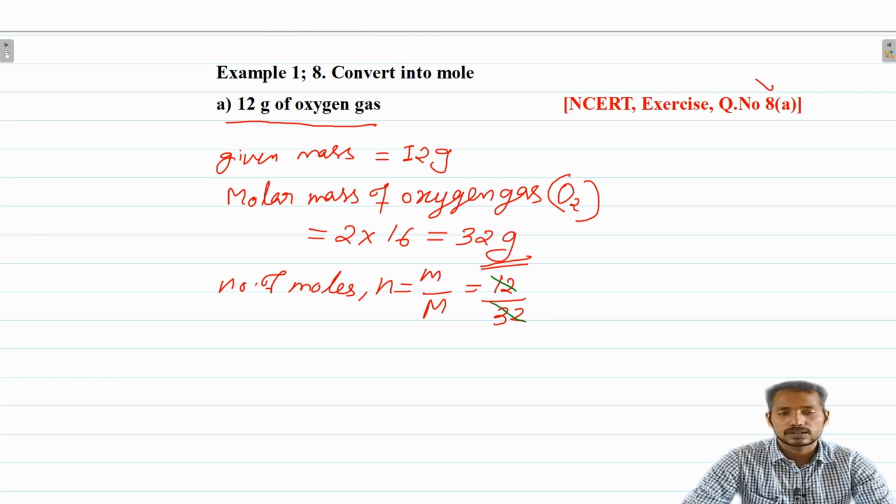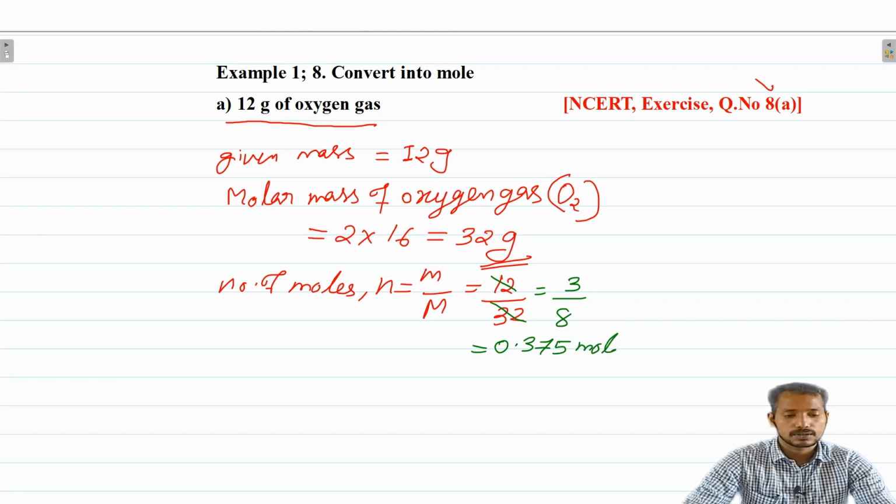Simplifying 12 divided by 32, what will we get here? 3 divided by 8. Am I right? 3 into 4 is 12, 8 into 4 is 32. 3 by 8, let's represent this fraction in decimal form. So we will get 0.375. Clear?